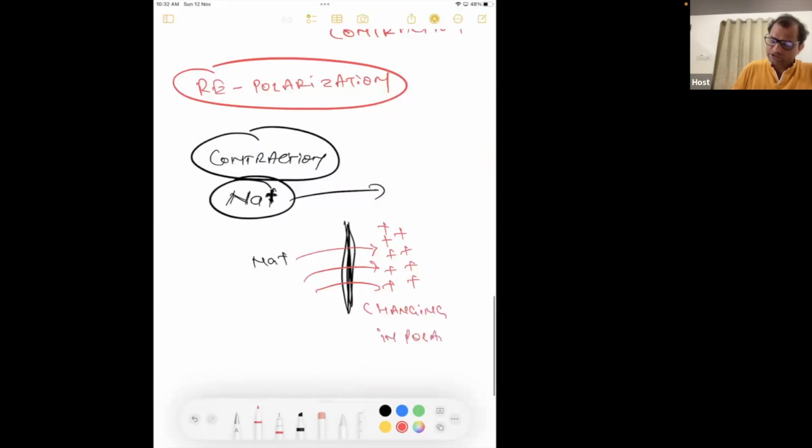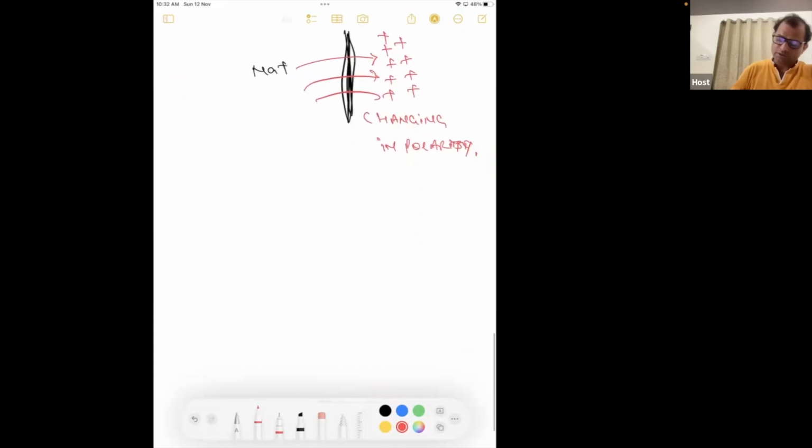We can understand with one example. Forget the muscle for a while. You can consider this is area 1 and this is area 2.